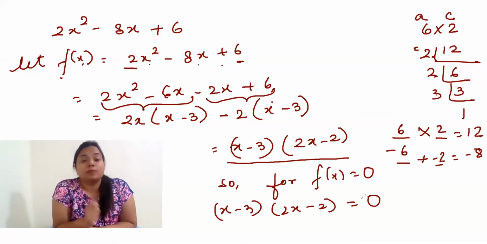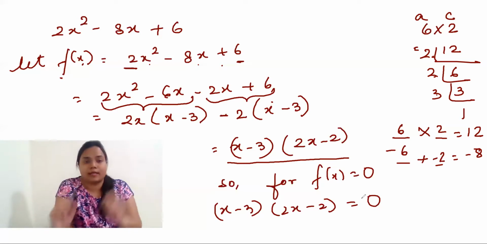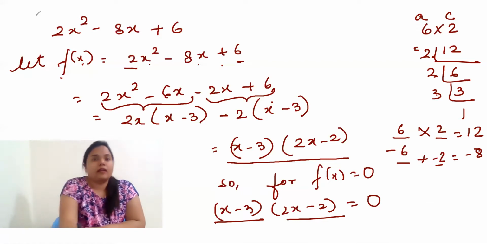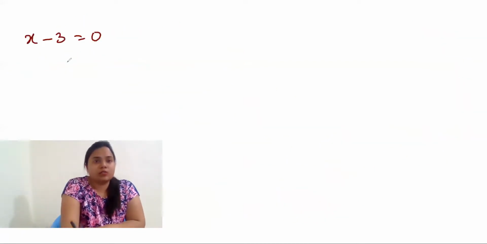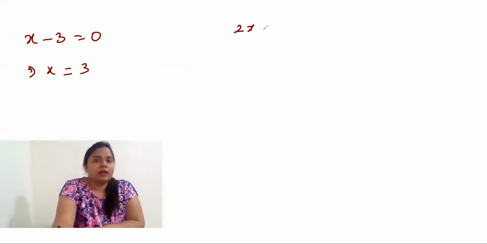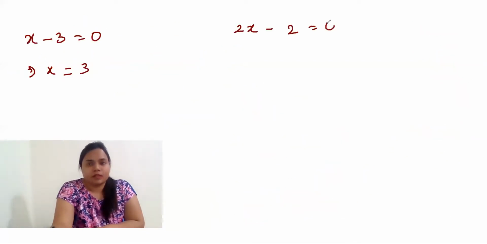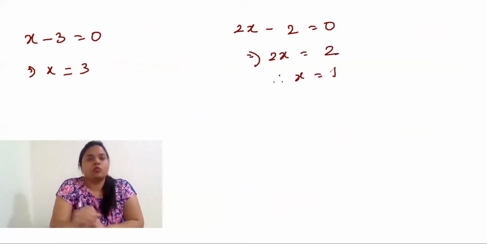If one of the two numbers is 0, then only we can get 0. So either this should be 0 or that one should be 0. So x minus 3 is 0. In that case, x is equal to 3. Or it is possible that 2x minus 2 is equal to 0. In this case, 2x is equal to 2. Therefore, x is equal to 1.